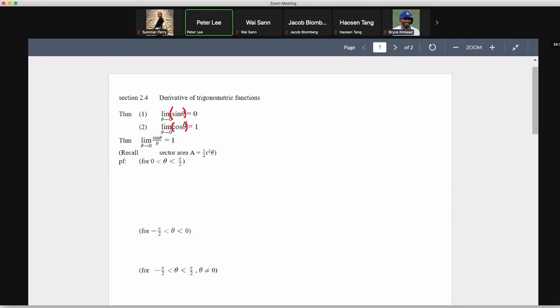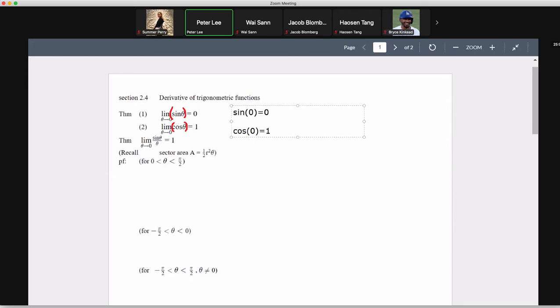Now this theorem is not so interesting, because what is sine 0? We kind of know what sine 0 is. Sine of 0 radians is 0. Then what is cosine 0? Would anybody know what cosine 0 is? You should know this from the last quiz, right?